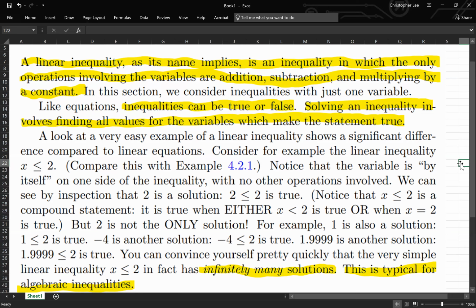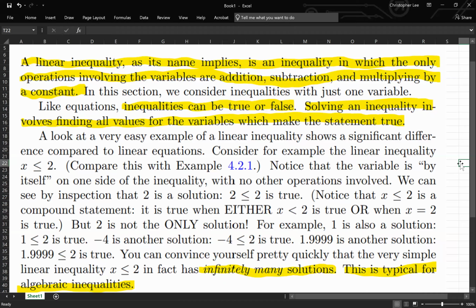A look at a very easy example of a linear inequality shows a significant difference compared to linear equations. Consider, for example, the linear inequality x is less than or equal to 2. Notice that the variable is by itself on one side of the inequality with no other operations involved.